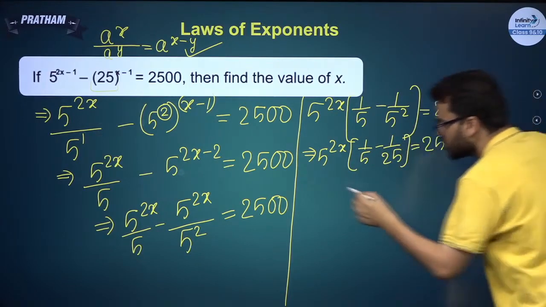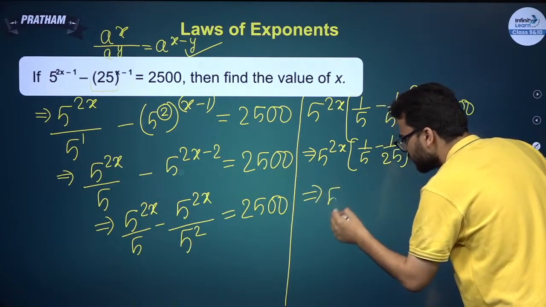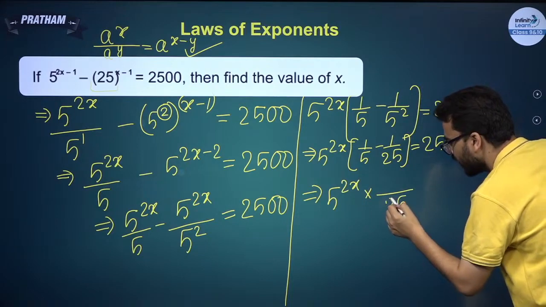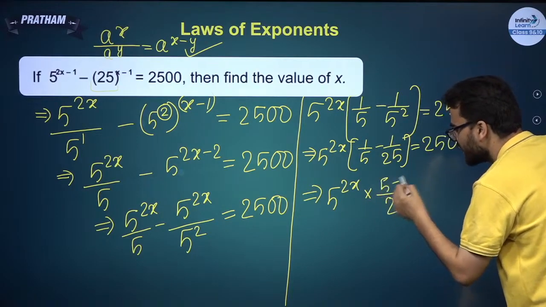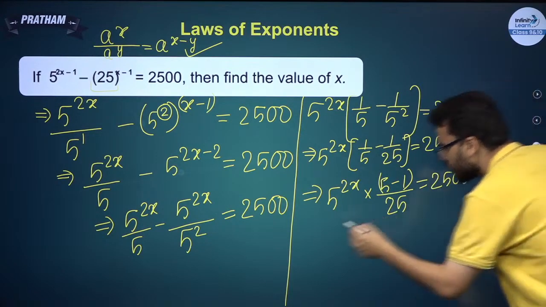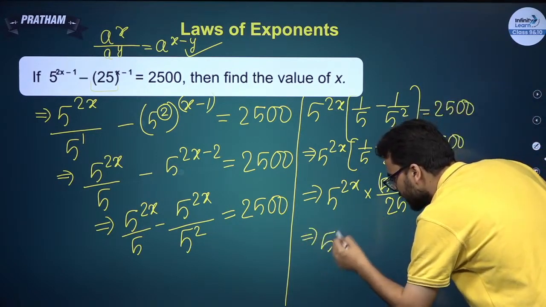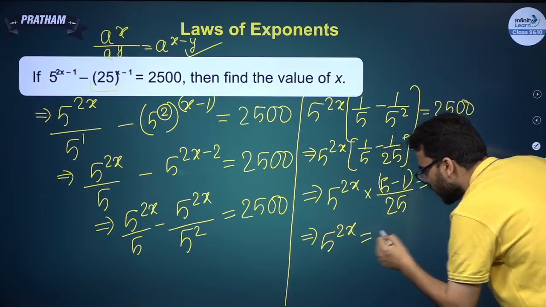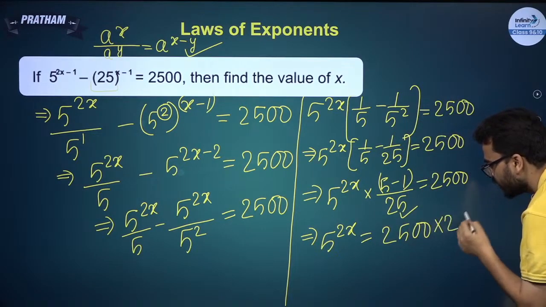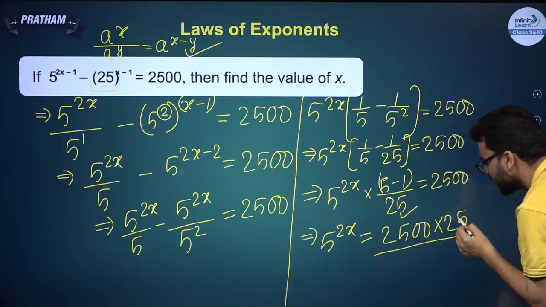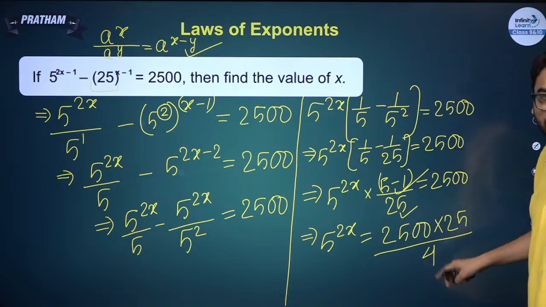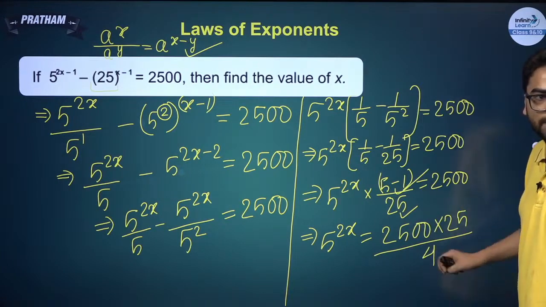If you further simplify, you will get 25 over here, and this will give you 5 minus 1, and that is equal to 2500. So from here you will get 5 raised to the power 2x is equal to 2500. This 25 will go in the numerator, and this is nothing but 4, so 4 will come in the denominator. I hope this is clear up till here.